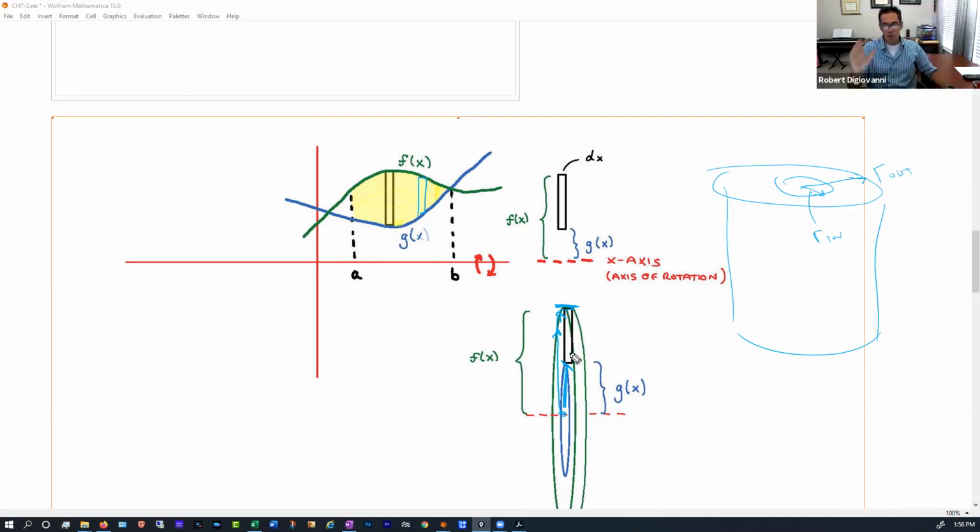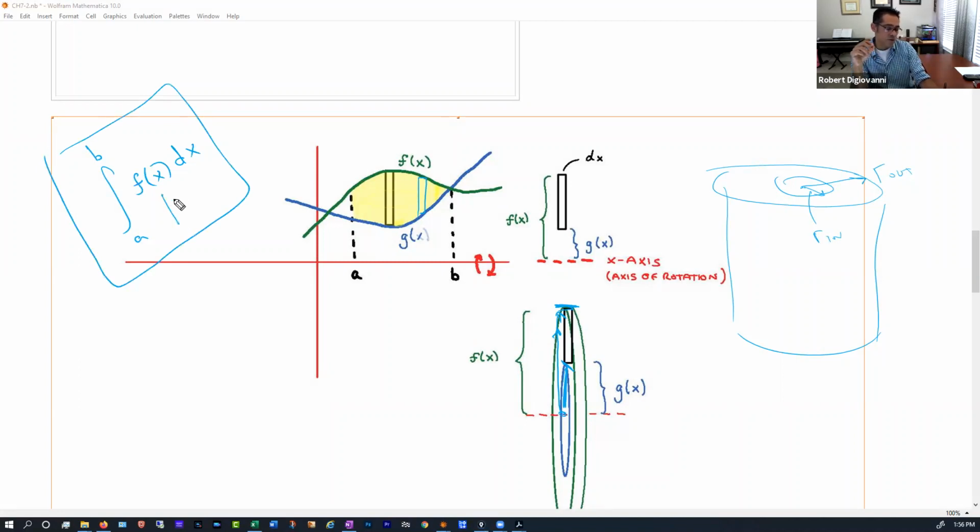So I said last class that it was so important for everyone to understand what this integral meant geometrically. At the beginning of class last time, I said this was the height of our rectangle and this was the width of it. And the integral meant we wanted to add up an infinite number of them.